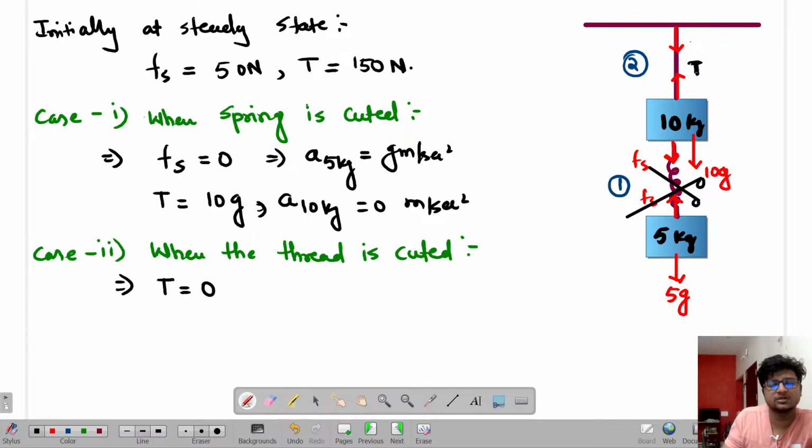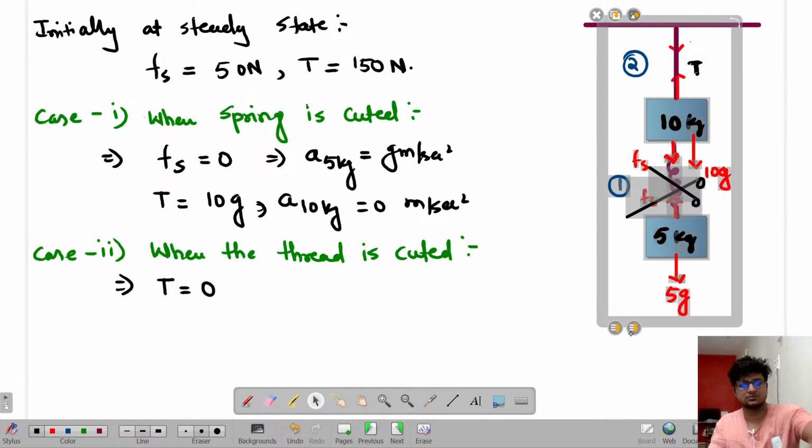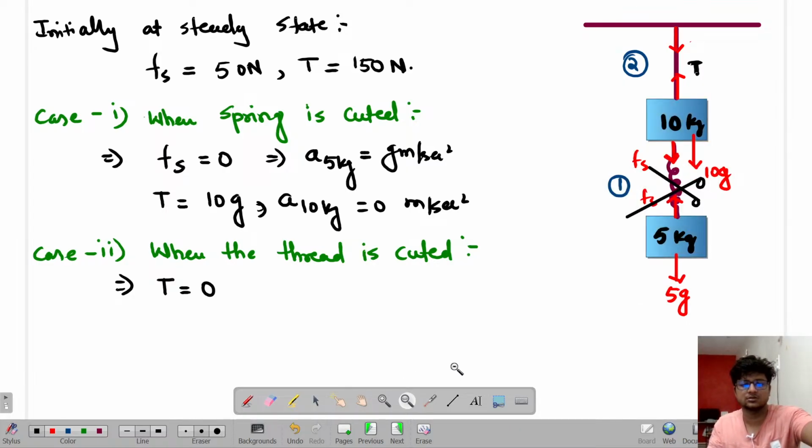Tension force will become how much? 0. Correct? Yes or no? Tension force will become how much? 0. So if I look into the FBD of these, then what will happen? I'll have only these things.